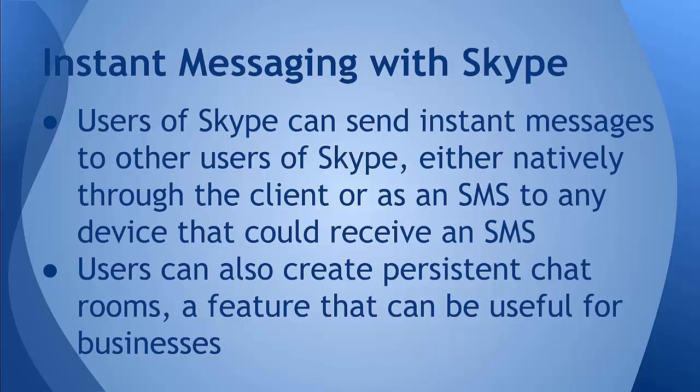Skype also has an instant messaging service, allowing users to send messages to friends or colleagues over the Skype network or through SMS, or to create persistent chat rooms that also can connect to a regular or video call at will.